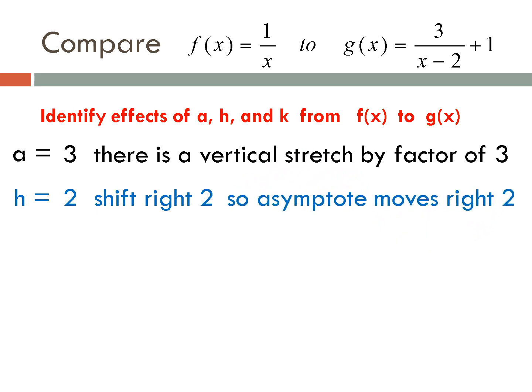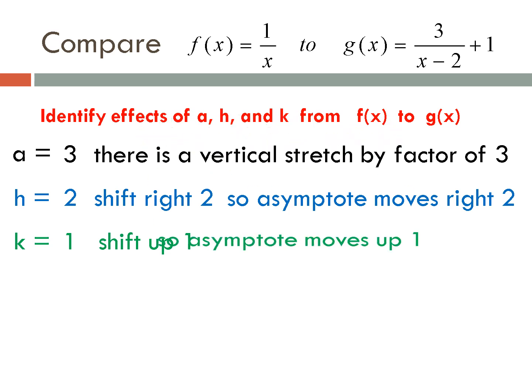Now let's see, is there a k value? There is. K equals 1. So k equals 1 tells me that my graph is going to move up 1. But if my graph moves up 1, so does my horizontal asymptote. It also moves up 1.